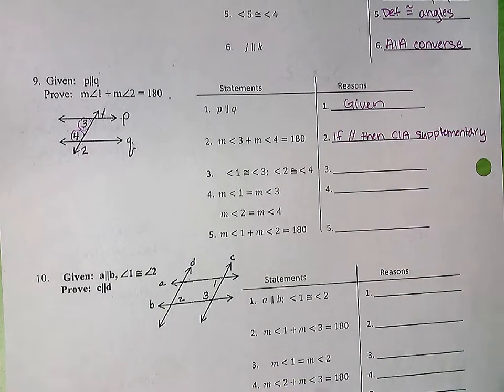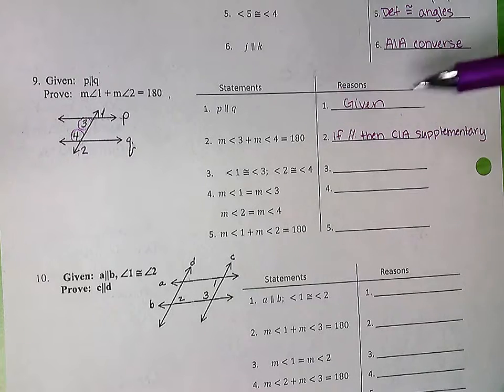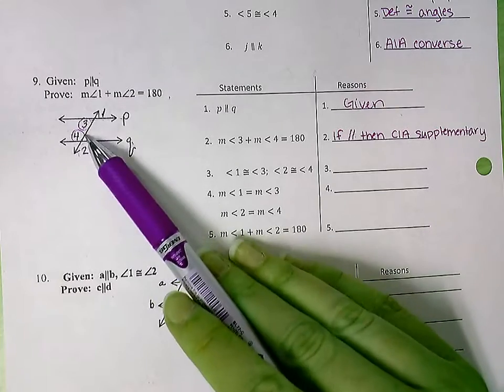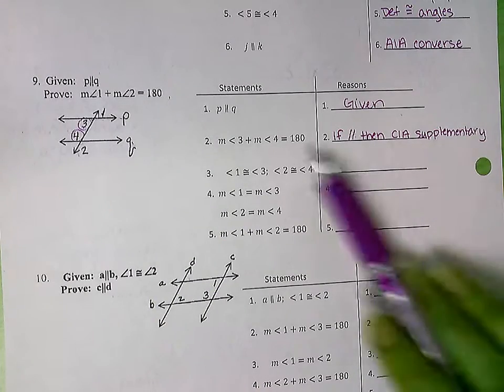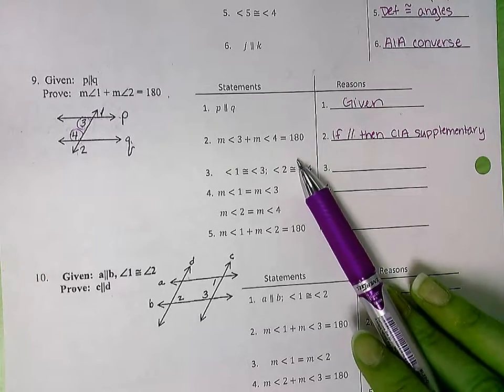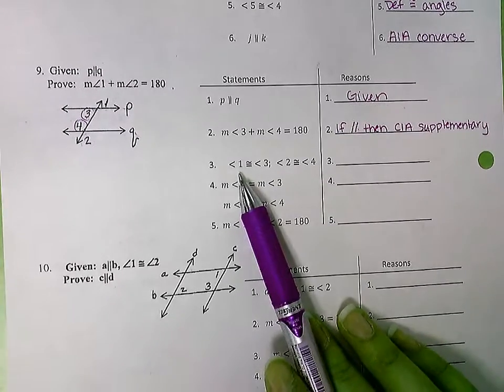Since I was given these lines are parallel, that's why we say if parallel, then those consecutive interior angles from our picture, I can say are supplementary, so they add to 180. Make sense? Yes.